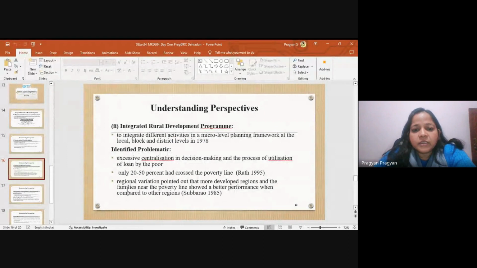Okay, then this IRDP, the history of IRDP is very important in the Indian context, because of the local level, that is the particular setting, then block, and then district level. This is a kind of planning framework where for the first time they tried to integrate so many development activities in micro level planning.